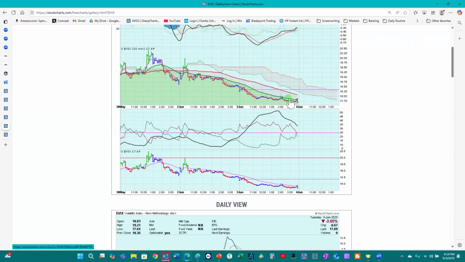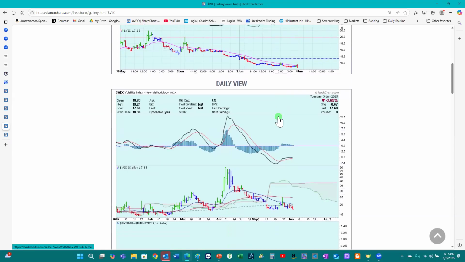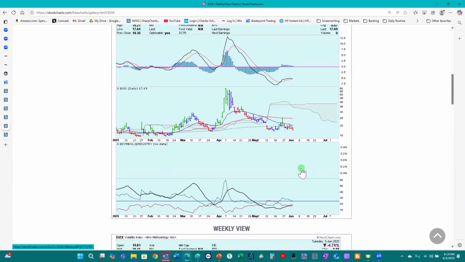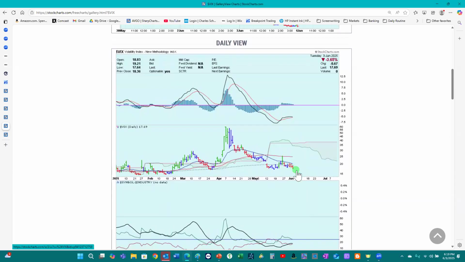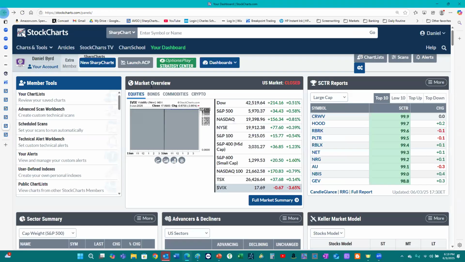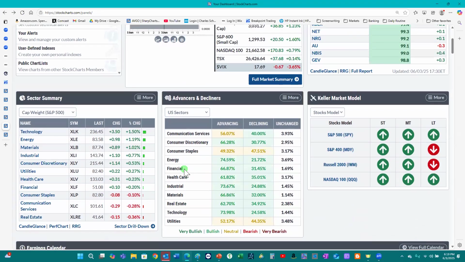So the VIX actually went down today as well. Ended right down here at 17.75, so not quite below 17 yet, but certainly in that neutral zone. And if we get that rally for the rest of the week, this will probably be down here below 17. And that is bullish as well, if that happens. So that's positive for the VIX.